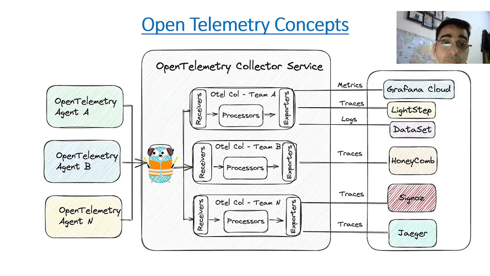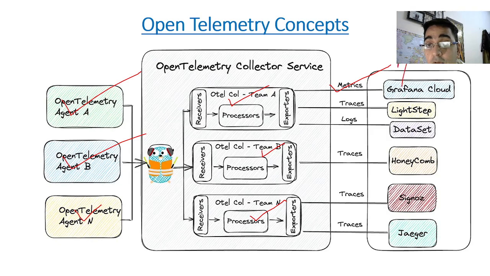This is another photo. Suppose you have OpenTelemetry agent 1 on the application side, and suppose you have 10 OpenTelemetry agents. All these agents will capture the data and send it to processors, as I explained some time back. So A, B, C until N will collect the data and then send it onward.